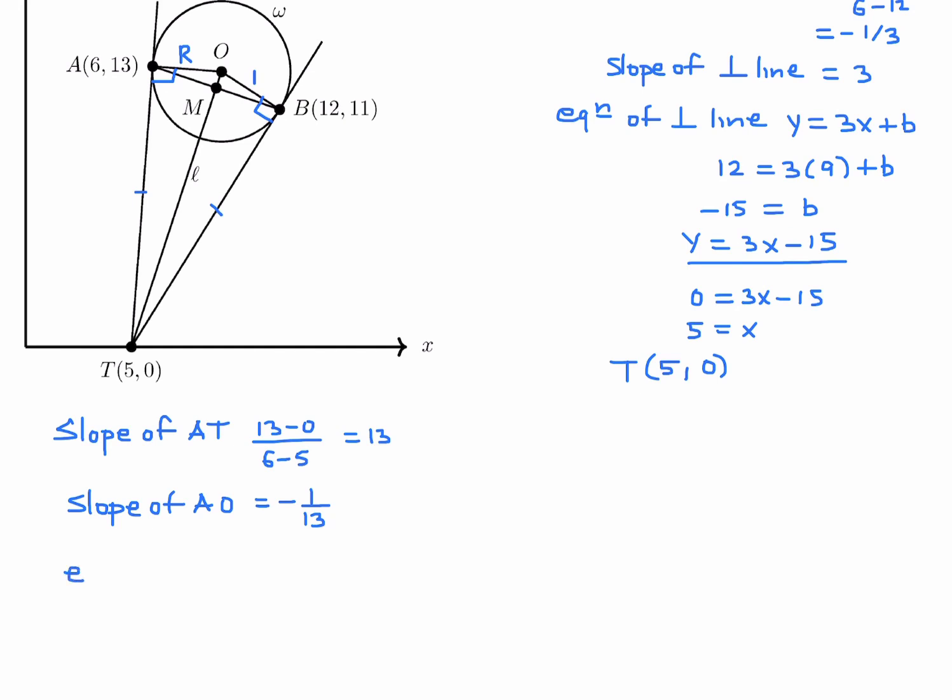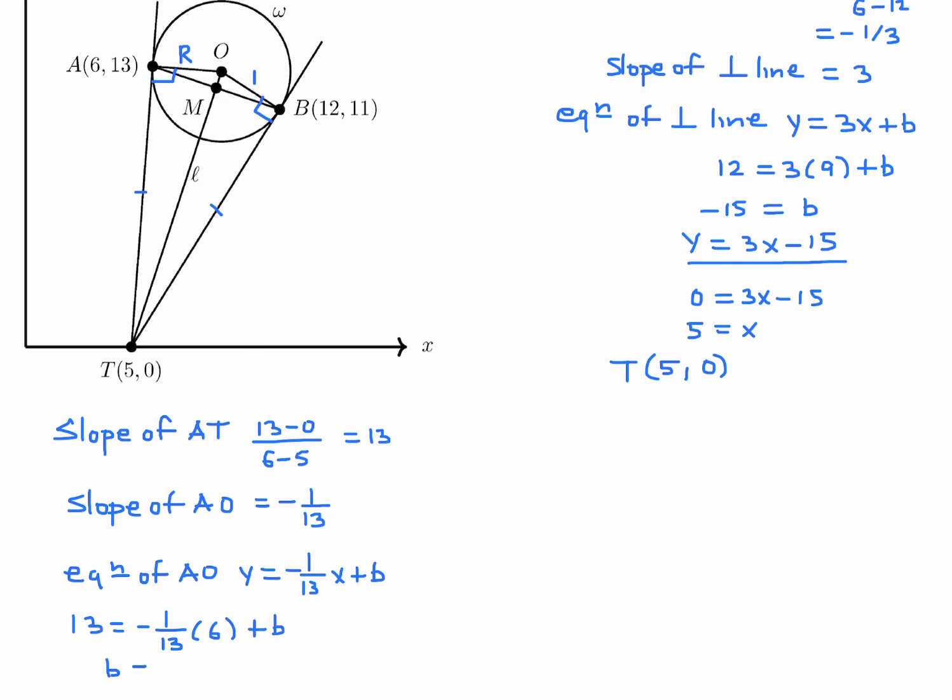So the equation of AO would be y = -1/13 x + some b. And then since this is on that line AO, I can sub in (6, 13). So 13 would be equal to -1/13 times 6 plus b.